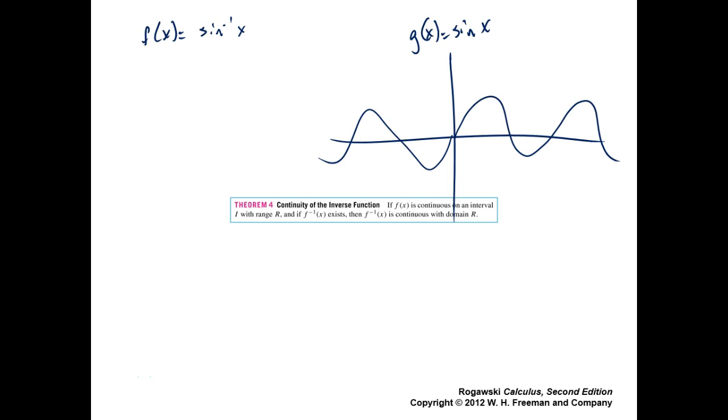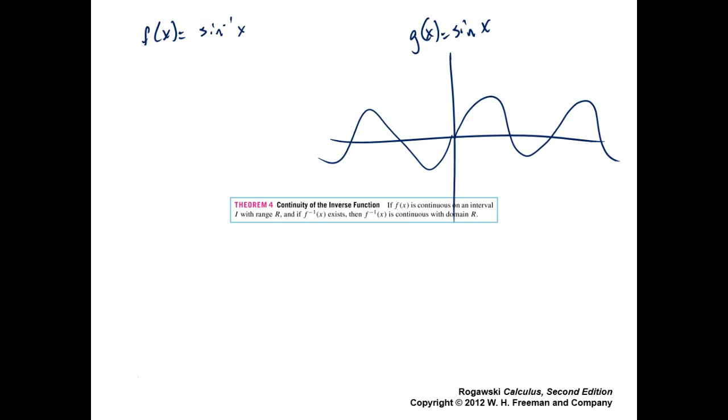Is that a one-to-one function? A horizontal line is going to really screw up everywhere. It's either going to have no points on it or an infinite number of points on it. Not good. So therefore, sine x on that domain does not have an inverse. But can you limit a domain where sine x does have an inverse?